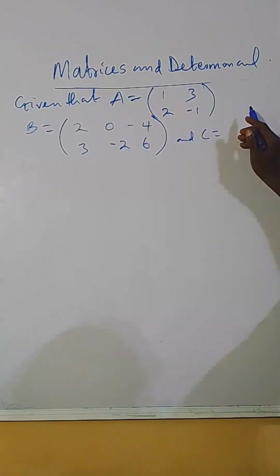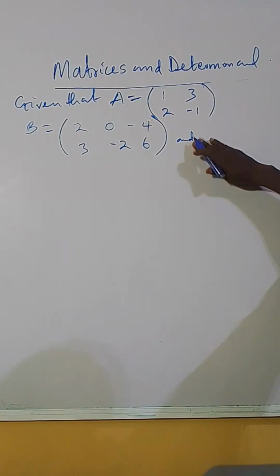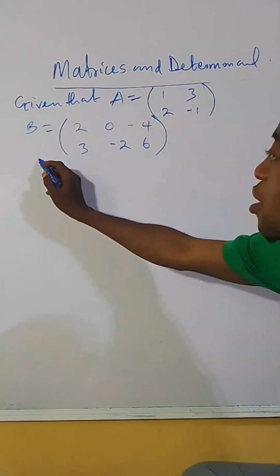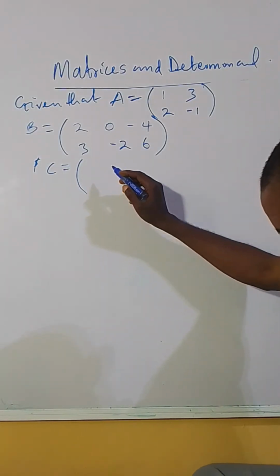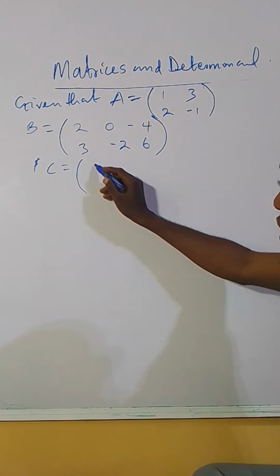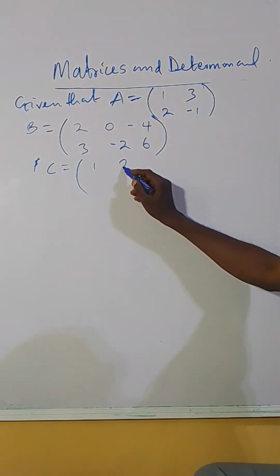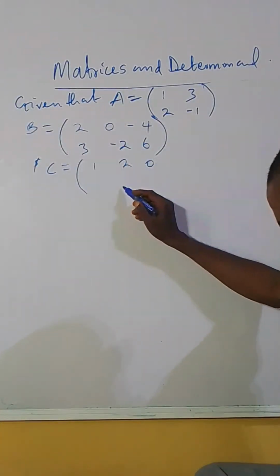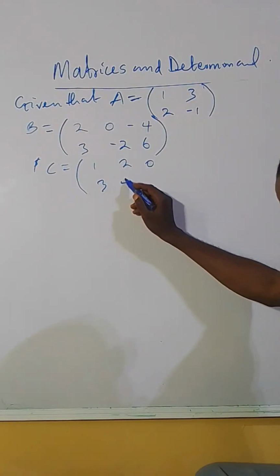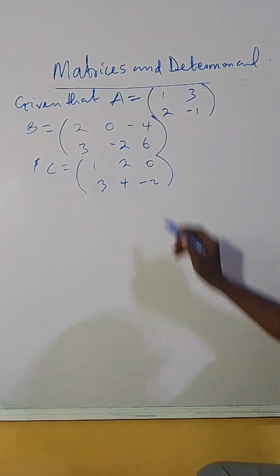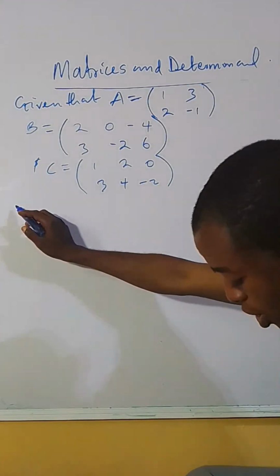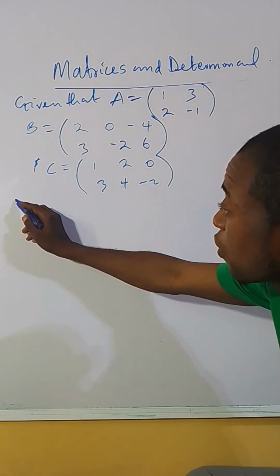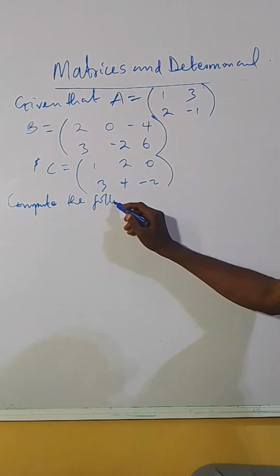And C equals, also 2 by 3, that's 1 2 0, 3 4 minus 2. Then the first question says compute the following.